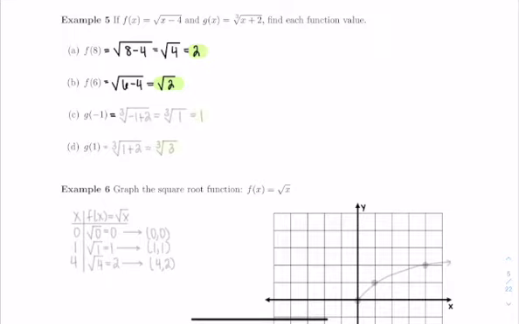For g of negative 1, we have the cube root of negative 1 plus 2, which is going to give me the cube root of 1. And the cube root of 1 is just 1.